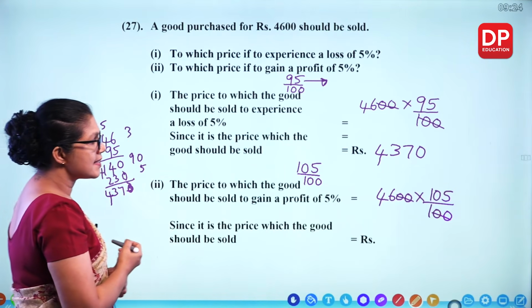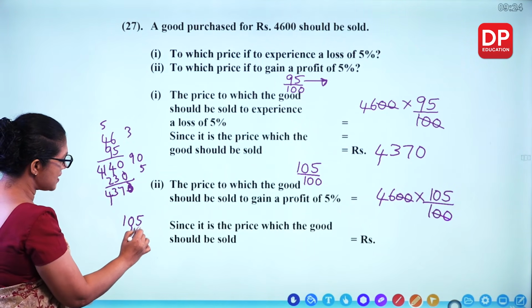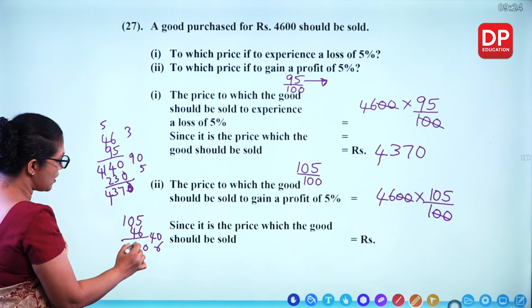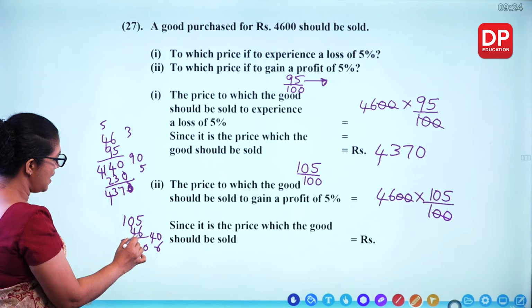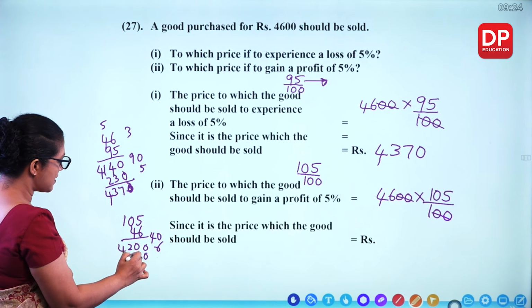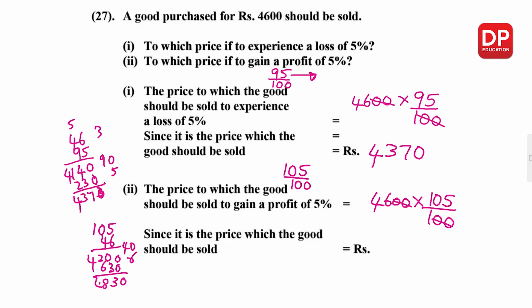So, 46 into 105. So, 105 into 46, that's 40 and 6. 4 times 5, 20, and 4 times 1, 4. 6 times 5, 30, 6 times 1, 6. So, you get 4,830.